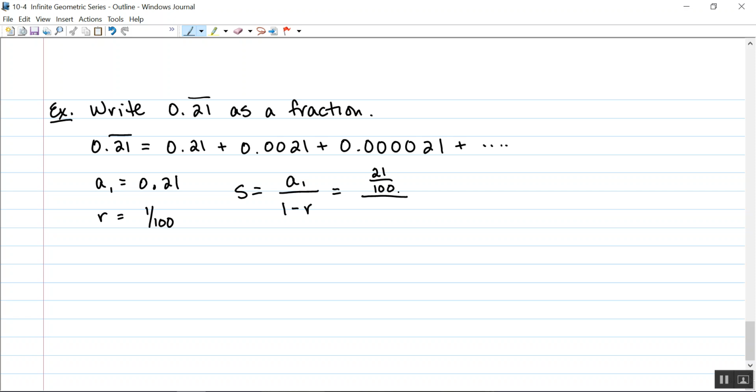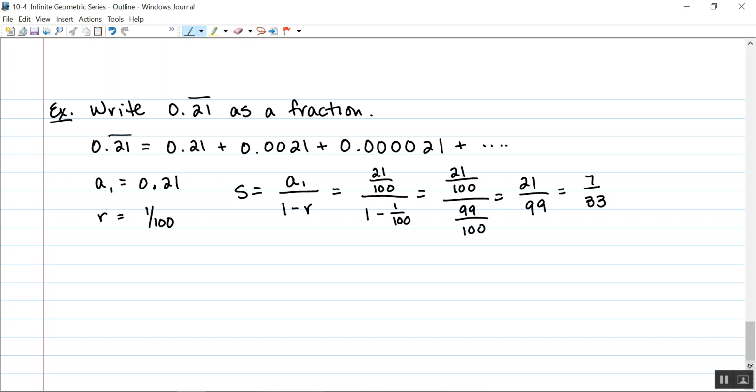That's my a sub 1 over 1 minus 1 over 100, which is equal to 21 over 100 divided by 99 over 100, which is equal to 21 over 99, and dividing everything by 3, I'll have 7 over 33. So 0.21 repeating can also be written as 7 over 33.